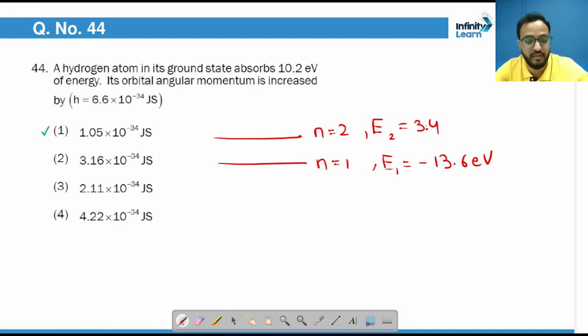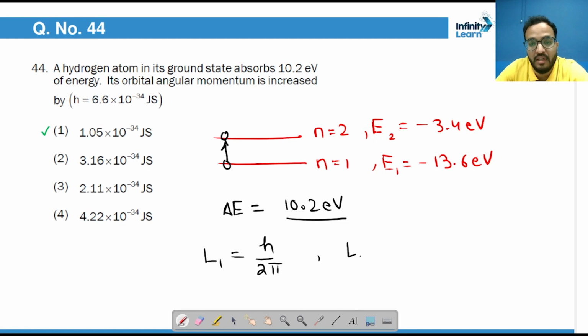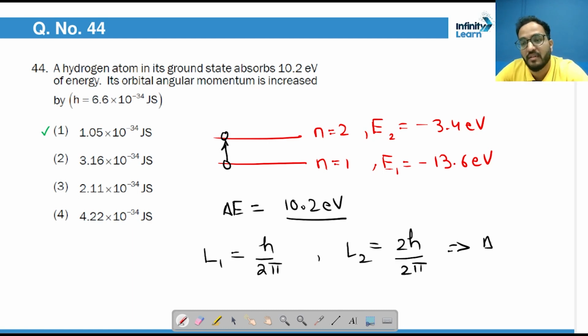Minus 3.4 electron volts. So what is the energy required to transfer an electron from this to this state? You will say, sir, it is exactly 10.2 electron volts. That means if initially angular momentum L1 was h upon 2 pi, so now it is 2h upon 2 pi. And what is the difference? H upon 2 pi only. Put the values, get your answer.